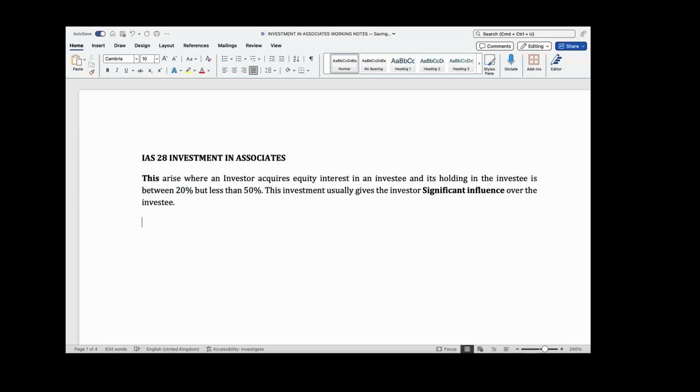Now, the focus today is accounting for investment in associates.